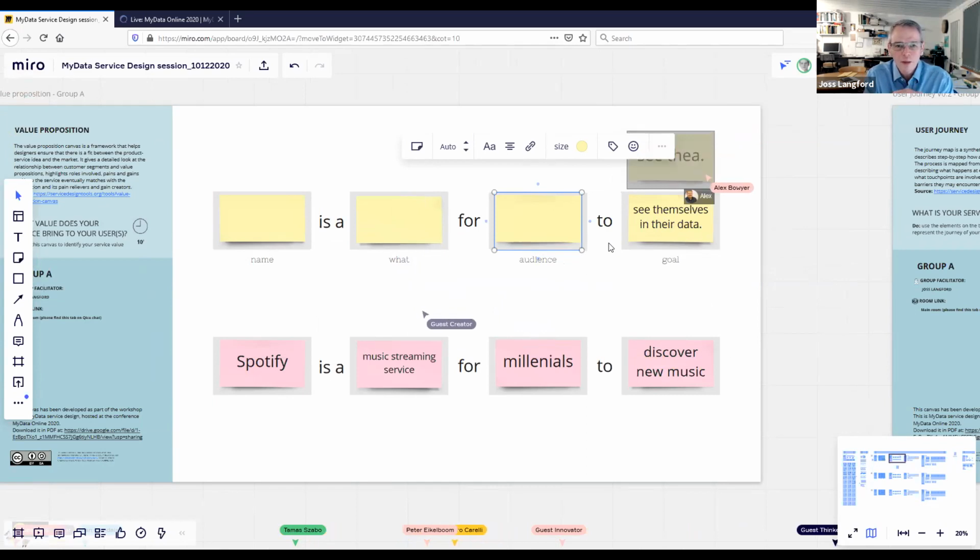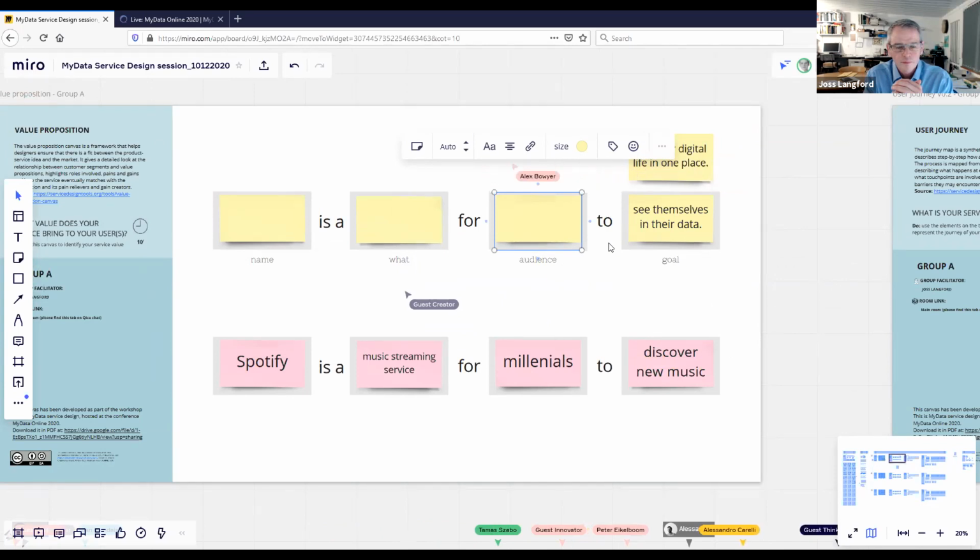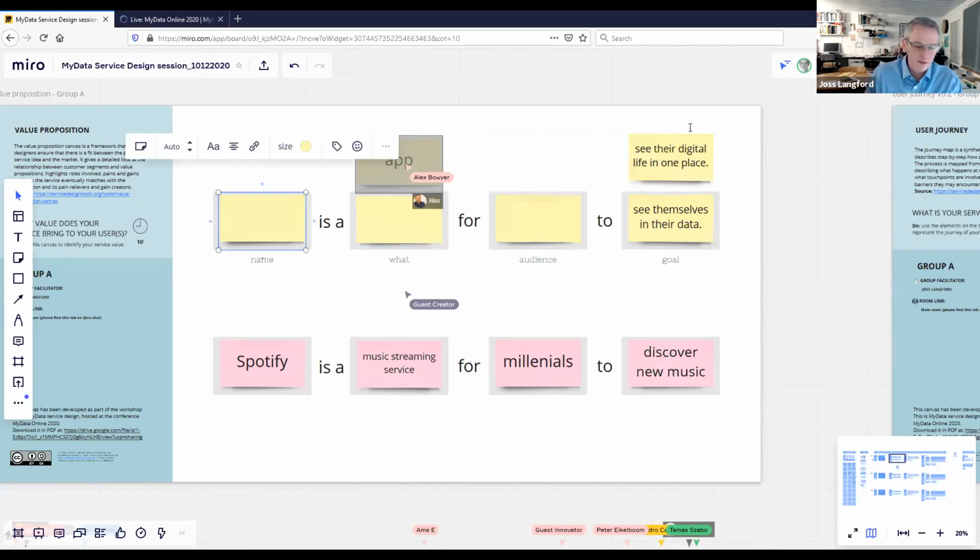So we talked a little bit about the audience. So let's come back to that. So what about the what? So Nemo is a... You see, there you go. I've already called it. There's my name. Nemo. As in Finding Nemo.